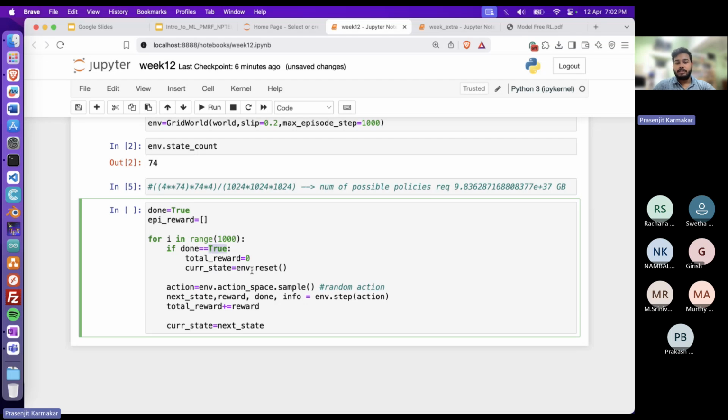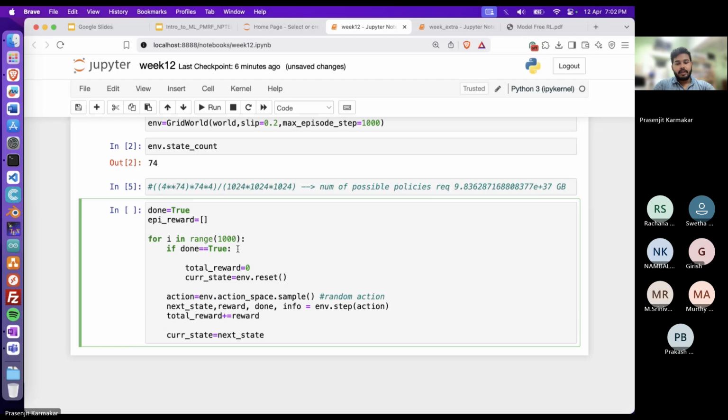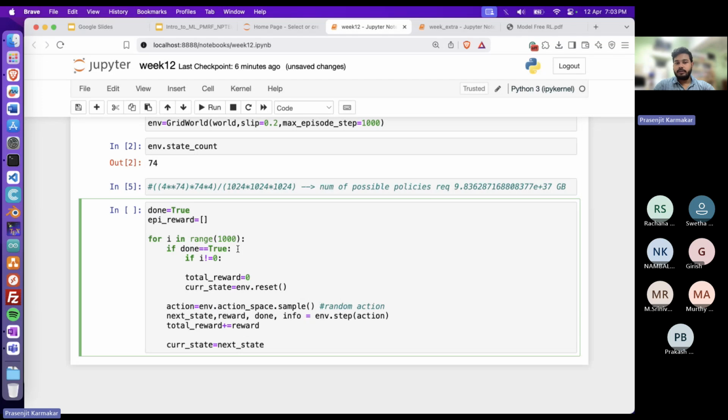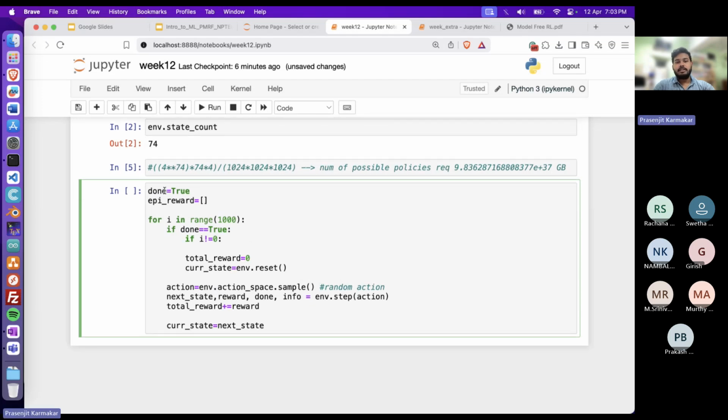If i is not equal to 0, that means it has looped through one episode. Then I can save my total reward here and reset the total reward.